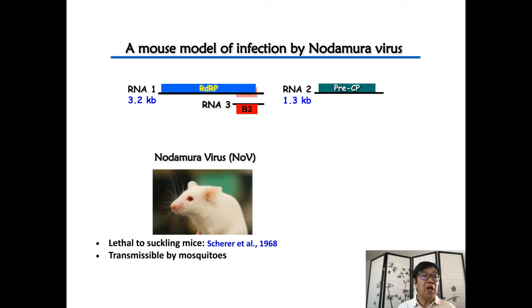The RdRP is translated directly from RNA1, but B2 is translated from RNA3, which is a subgenomic RNA of RNA1 and produced after replication of RNA1. I should also mention that because RNA1 encodes RdRP, this RNA can self-replicate in the absence of RNA2.